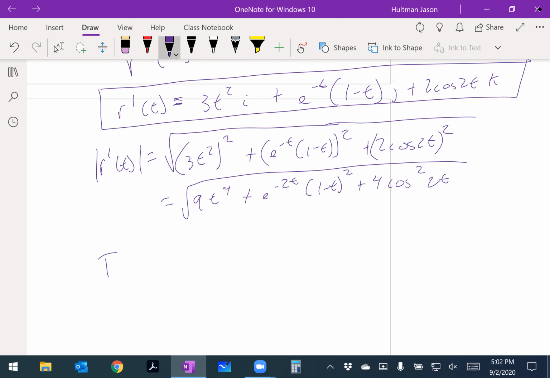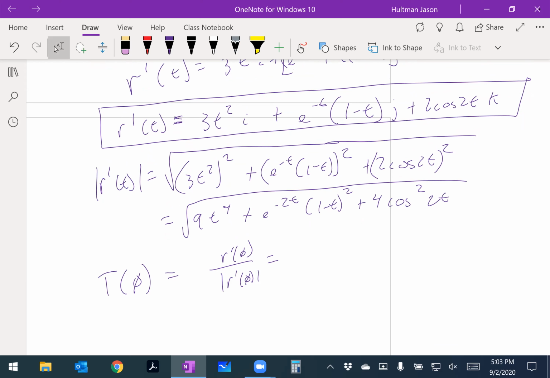But what we're really interested in is what's T of 0? What's the unit tangent vector evaluated at 0? That's r prime of 0 over the magnitude of r prime of 0. What's r prime of 0? We'll plug in 0 here.